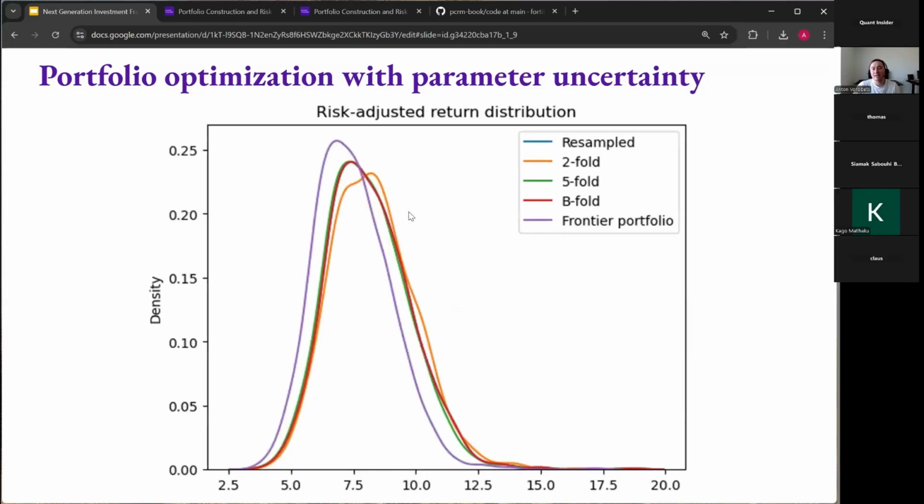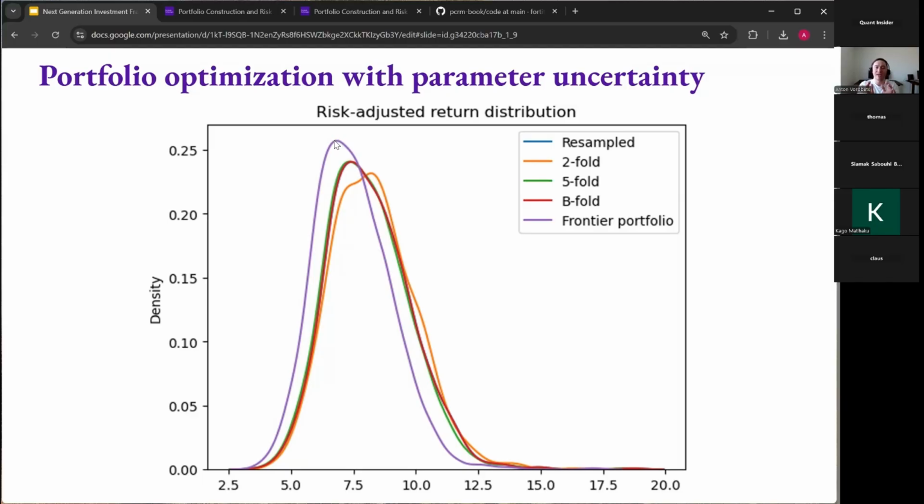And the thing is that in this article, we analyze the out-of-sample performance of using this approach. So this is, of course, what we want, to have a better risk-adjusted return in the future. So here you can see the distribution for the out-of-sample risk-adjusted return. So for the frontier portfolio, this is where we just do a normal optimization and then select one portfolio with no parameter uncertainty.